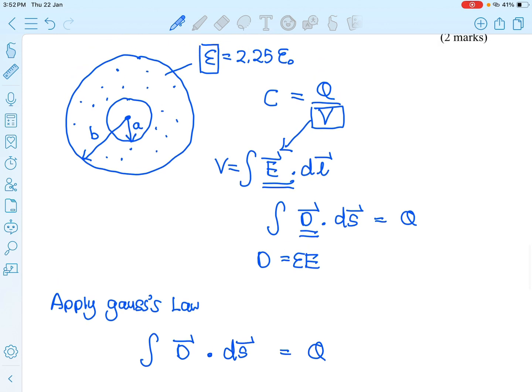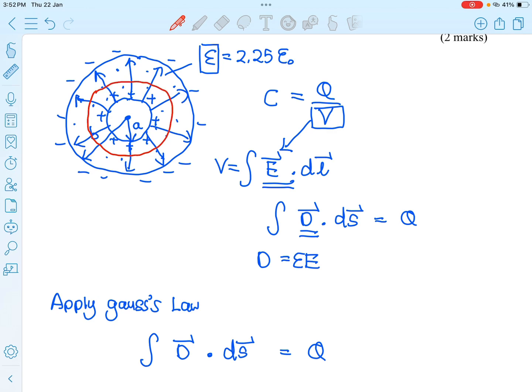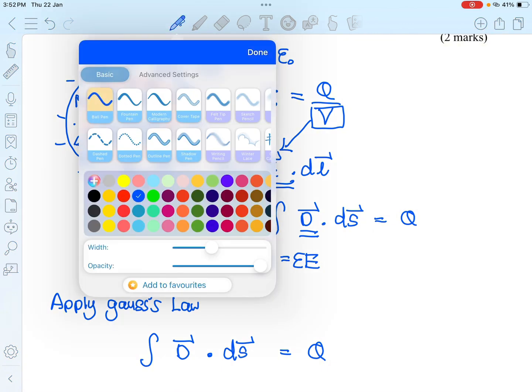Assume that the inner conductor is connected to the positive terminal of a voltage source, and the outer conductor is connected to the negative terminal of a DC source. So the electric field will be going out this way. If you want to find the electric field in between the inner conductor and outer conductor, in this region, I will draw a red circle to represent the Gaussian surface.